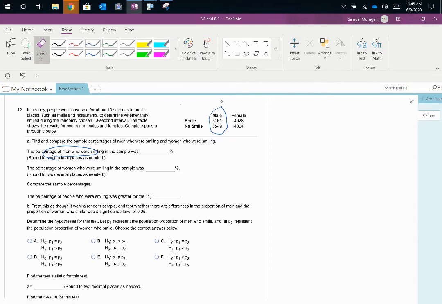let's add these up. We need to go ahead and add them up. 3,161 plus 3,549, 6710. So the sample for men who were smiling was 3,161 over 6710.